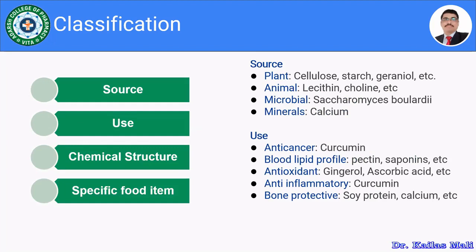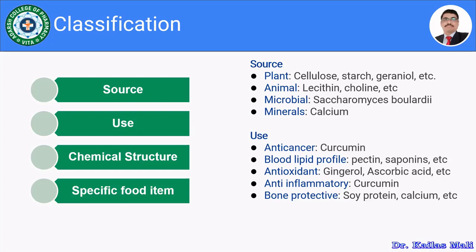Furthermore, the nutraceuticals are going to be classified according to their source, according to their use, according to their chemical structures or phytoconstituents which are present in it, and the specific food item. So according to source, furthermore, the nutraceuticals are going to be classified as plant source, animal source, microbial source, and the mineral source.